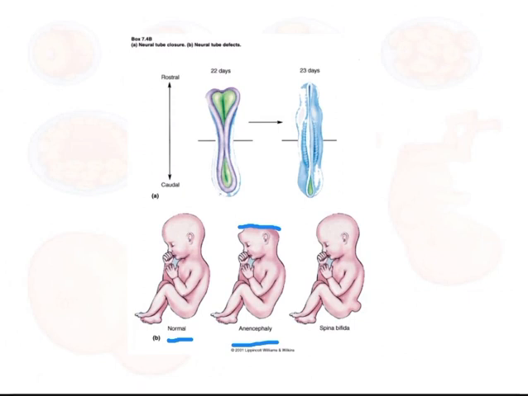Here we have a closing but outside of the area that is supposed to develop as a spine. So if the closing is outside, we have spina bifida.